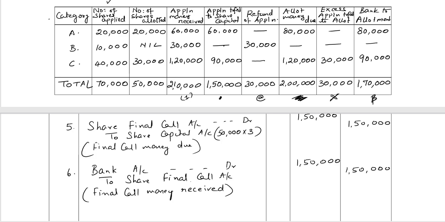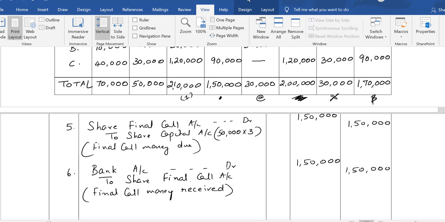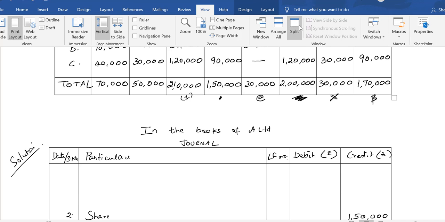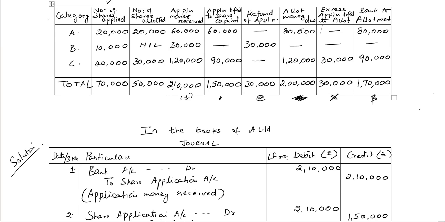We've completed the journal entries. So we've seen that once the table is prepared, passing the journal entries is extremely simple. I'll remove the split. We can view all the entries together. We have the table at the top. Please remember, this is part of the working notes.